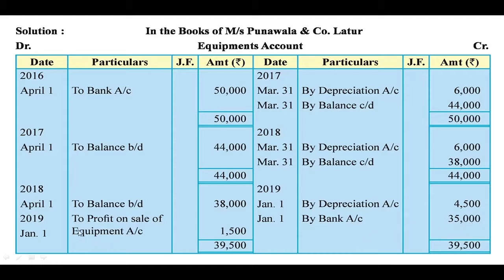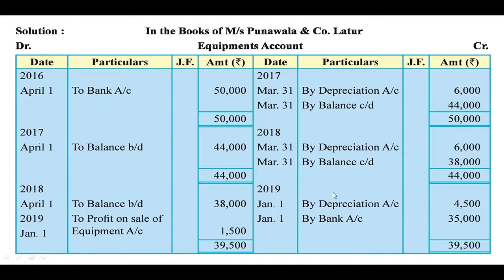Here they have written the profit. How to find out whether there is a loss or profit on sale of the asset? See, from the original cost, that is rupees 50,000, we have to subtract the total depreciation. Total means first year's depreciation 6,000 plus second year's depreciation 6,000, that comes to rupees 12,000, and third year's depreciation 4,500.